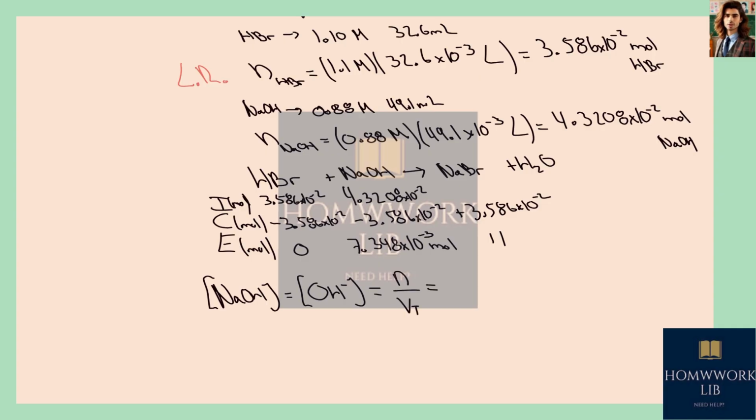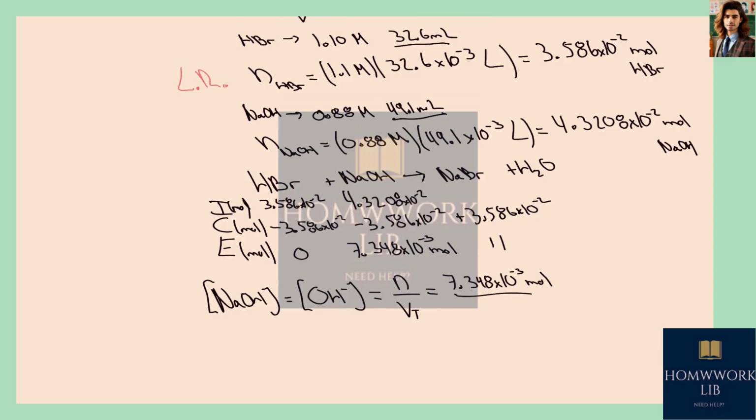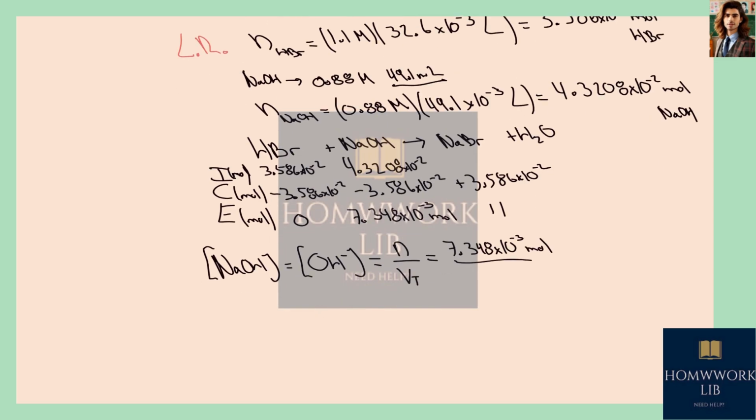The amount of moles is 7.348 times 10 to the minus 3 moles, divided by my total volume, that is 49.1 plus 32.6, that is 81.7 milliliters, but of course we need to convert that to liters, so we simply multiply it by 10 to the minus 3.